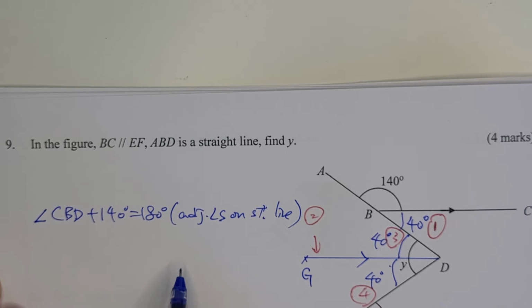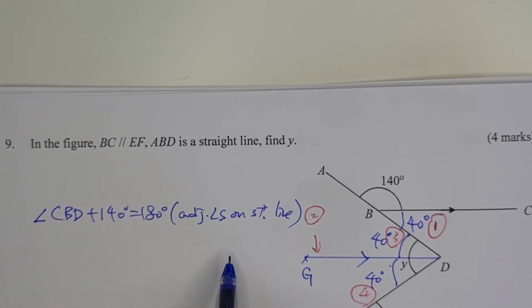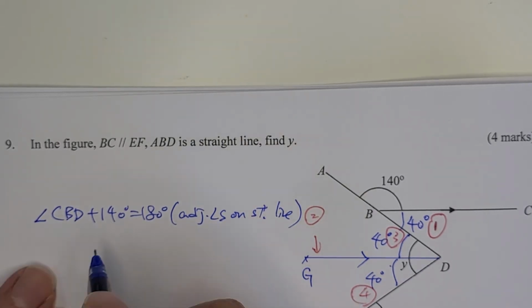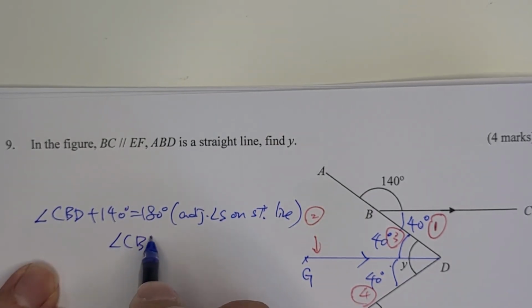But in the HKDSE, if you are finding the angles, okay, you may skip this reason. But in Lower Form, you always have these reasons. You must always write down these reasons, okay? So first step, you find angle CBD, that is 40 degrees.